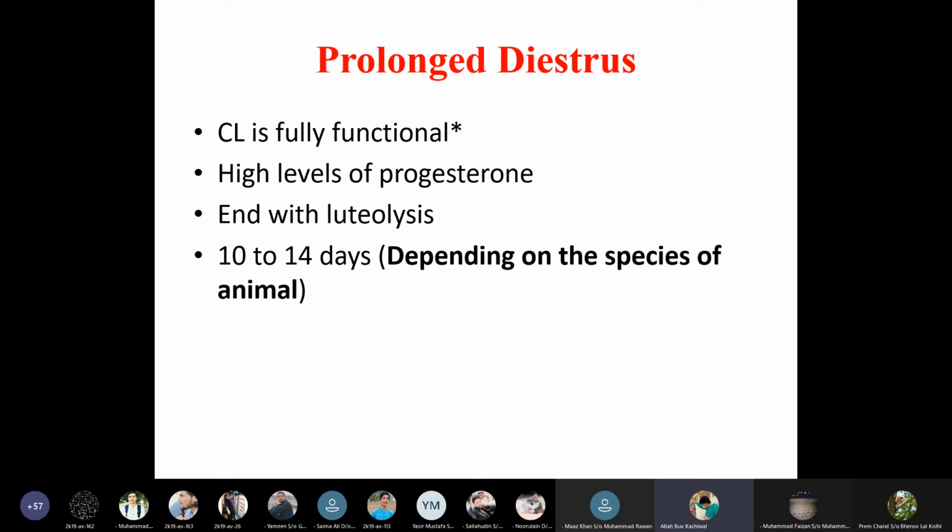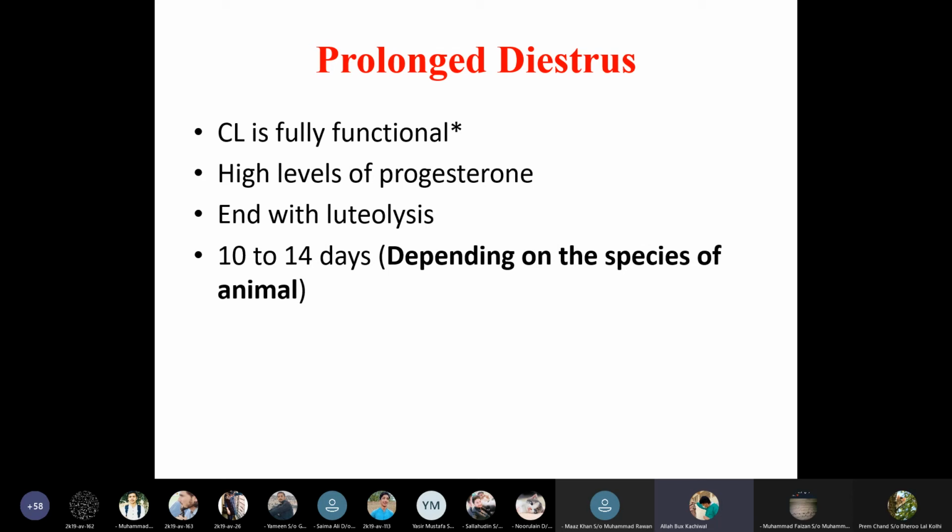If there is a disease having a corpus luteum cyst, then the diestrus will also have a long period, or it will be prolonged. If high levels of progesterone are produced due to any pathological reasons, then the diestrus in seasonal polyestrous animals will prolong.